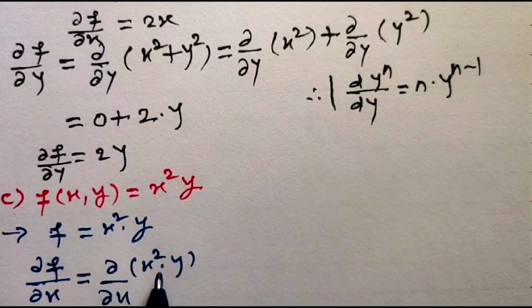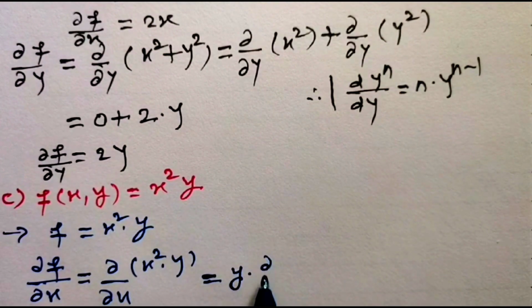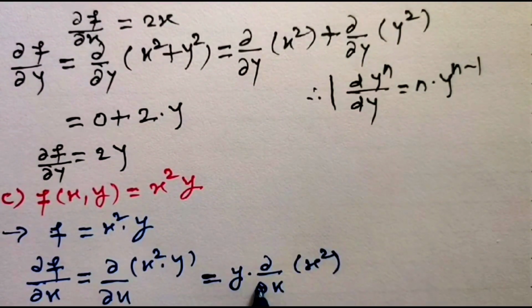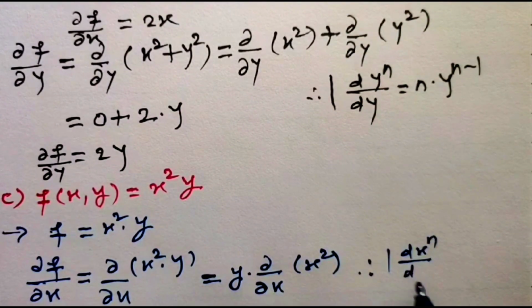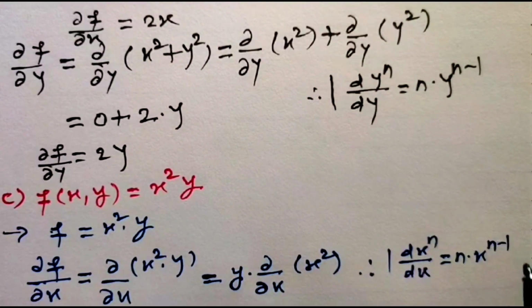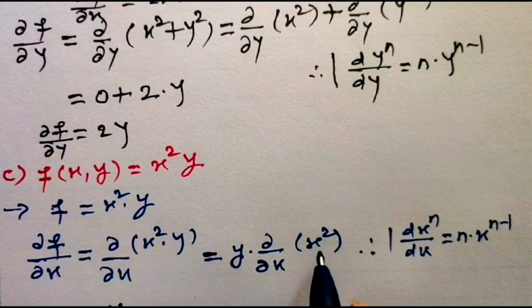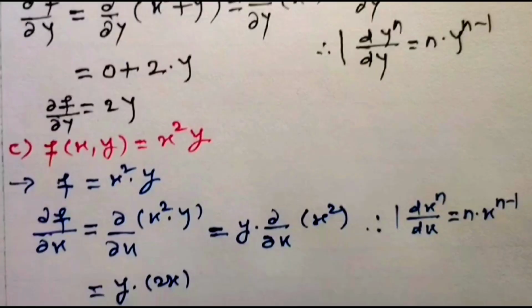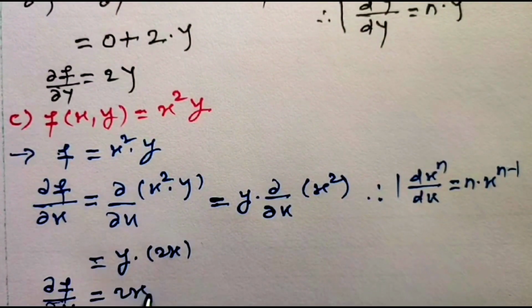So this y becomes constant coefficient, and you can take it out and then apply partial derivative with respect to x of x square. And you know formula, derivative of x to the power n with respect to x is equal to n into x to the power n minus 1. So this is equal to y into derivative of x square, that is 2x. Hence partial derivative of f with respect to x is equal to y into 2x, means 2xy.